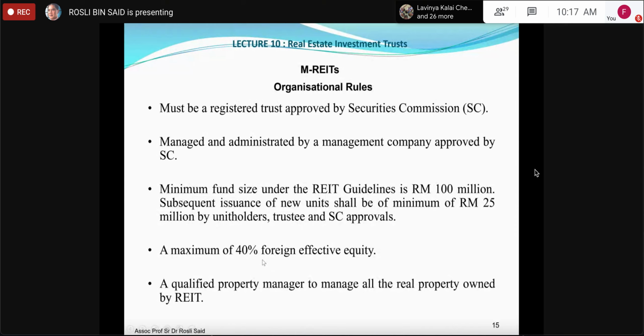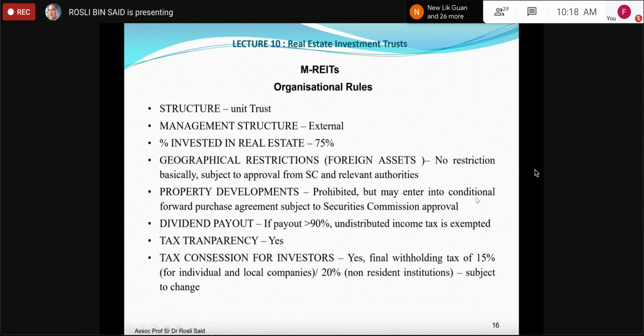A maximum of 40% foreign effective equity, if they want to get themselves invested overseas, or other companies from overseas want to join. So a maximum of 40% foreign equity only is allowed. A qualified property manager is needed to manage all the real property, meaning registered property managers. In terms of the structure of M-REITs in Malaysia, it is a unit trust.